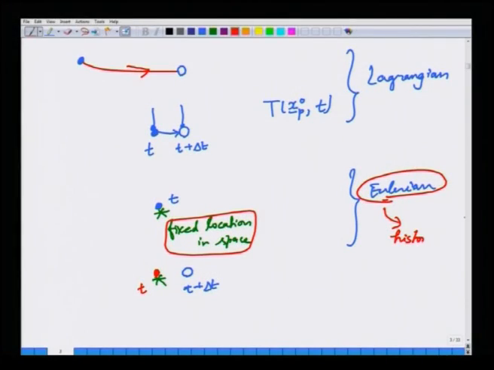Historical information is lost because we are not following or tagging along with the same fluid particle. Instead, we are sitting at the same point and we are merely measuring the temperatures that various fluid particles are going to occupy at that point at various times.